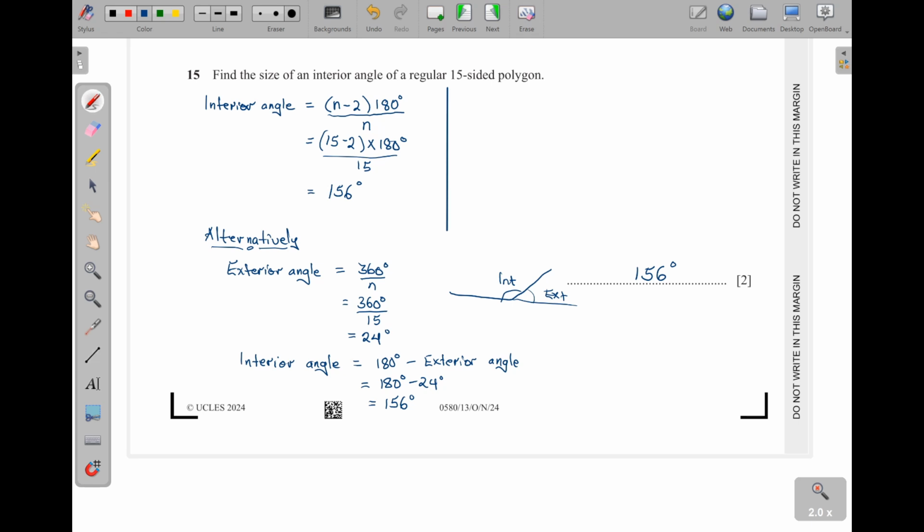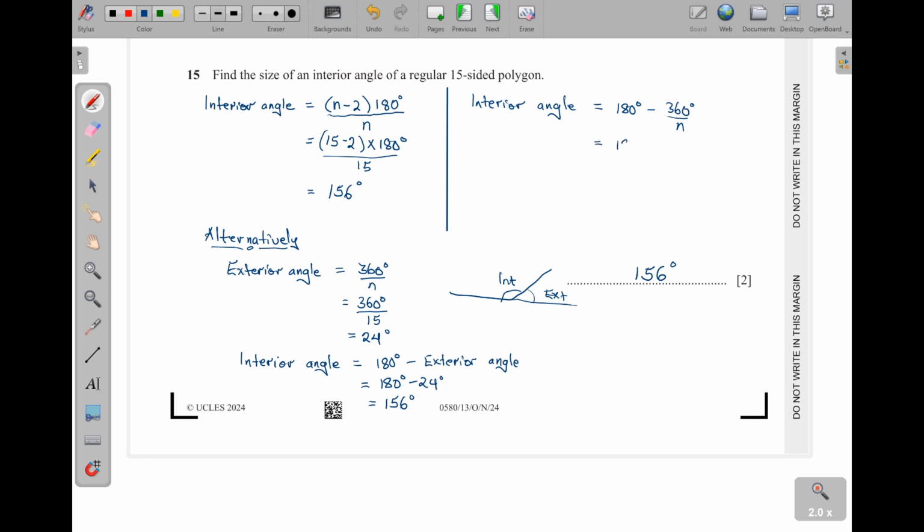Then another way is doing it right away. I have this formula here, that the interior angle is equal to 180 minus 360 over n.